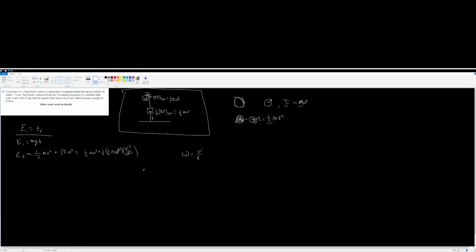These two r squareds cancel, and this becomes 1/4. So if we set these equal to each other, we have mgh equals 1/2 mv squared plus 1/4 capital M v squared. All right.